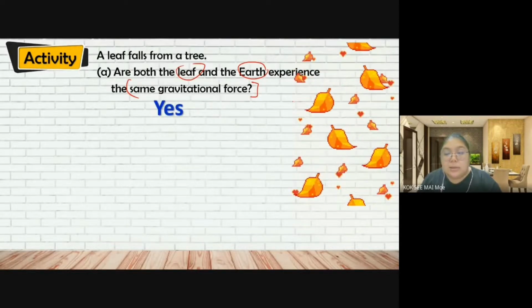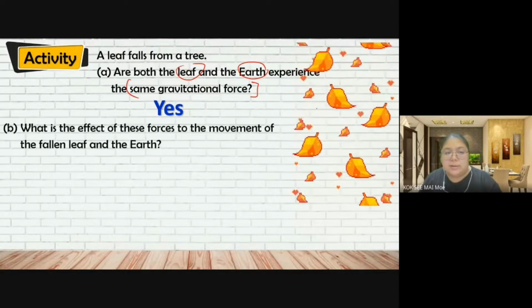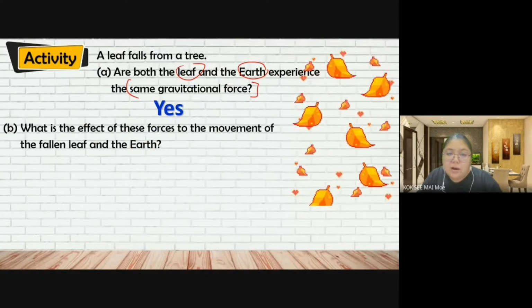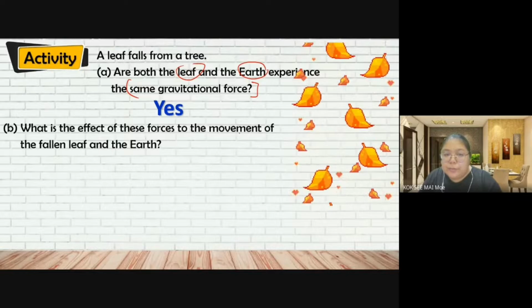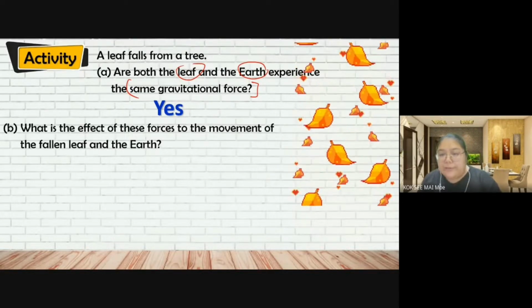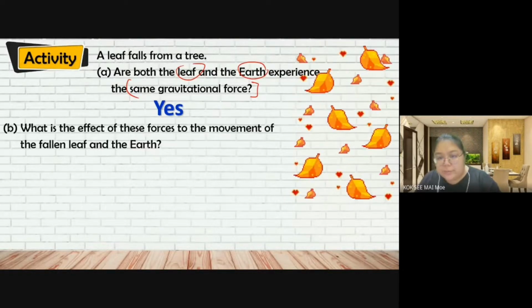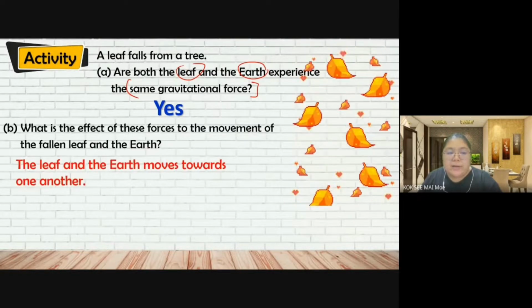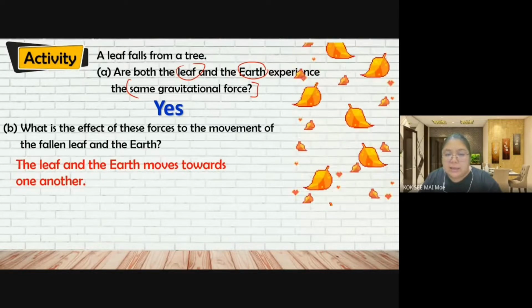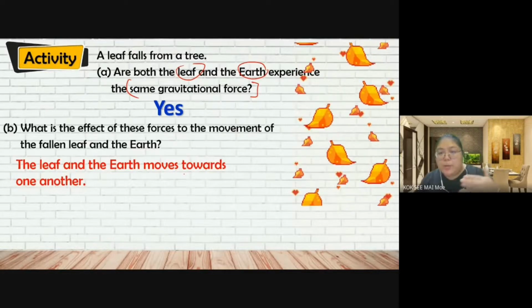The answer is the same. Now they continue the question. What is the effect of these forces on the movement of the fallen leaf and the earth? You only see the effect on the leaf. You cannot see it on the earth. We find that the leaf and the earth also move towards each other. The force pulls each other.